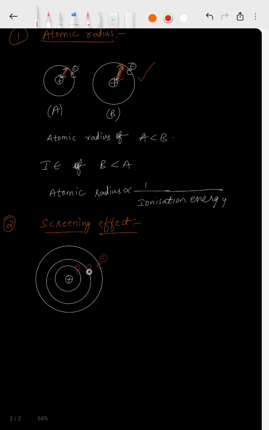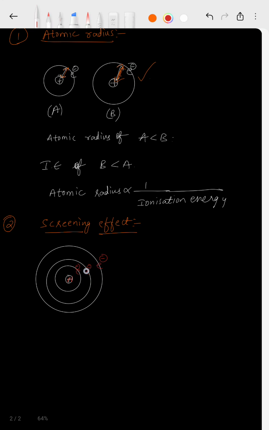Now one more thing you can observe here. The attraction force between the nucleus and the outermost shell electron is less. Also you can observe these two shells between the outermost shell and nucleus. These are called inner shells, or you can also call them core shells. So these are acting like a screen between the nucleus and outermost shell.